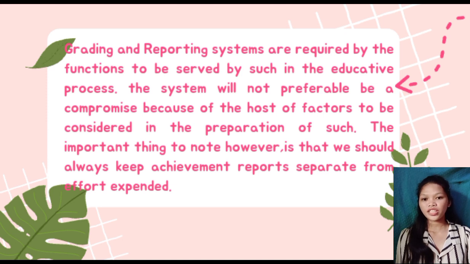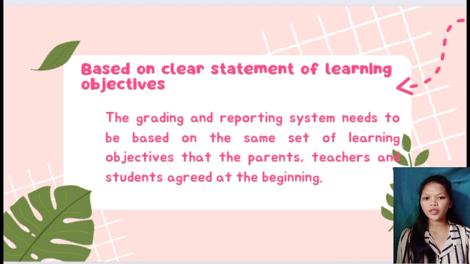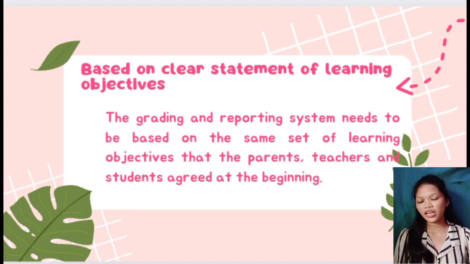They should thus be, first, based on clear statements of learning objectives. The grading and reporting system needs to be based on the same set of learning objectives that the parents, teachers, and students agreed on at the beginning. What does it mean? So the grading and reporting system should align with the predefined learning objectives that have been mutually agreed upon by the teachers, parents, and the students.